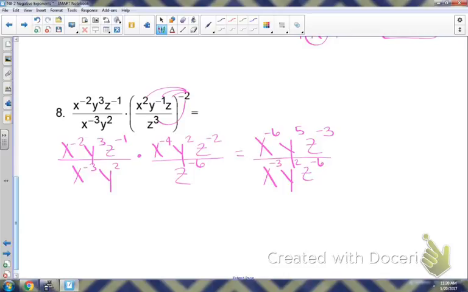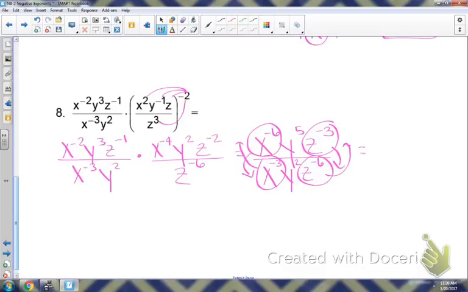From here, you could divide the bases that are the same or get rid of the negative exponents, which is what I'm going to do. So notice on the top, the bases that have the negative exponent are the x and the z. So I'm going to only move those two down. And then on the bottom, x and z.